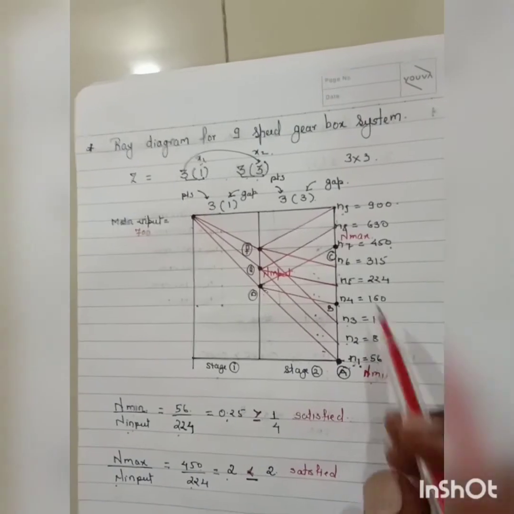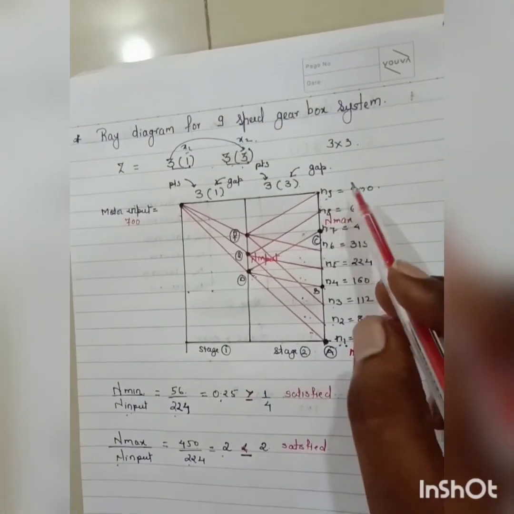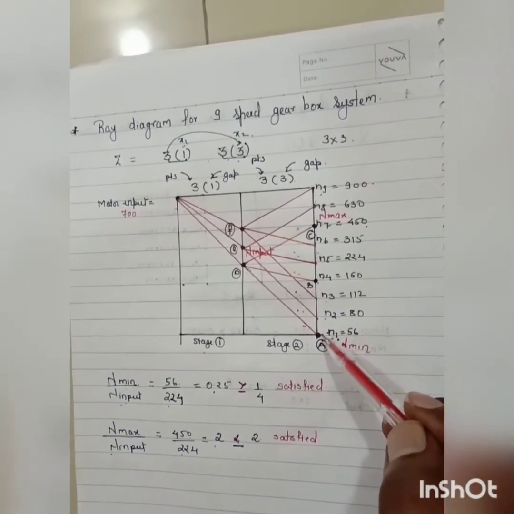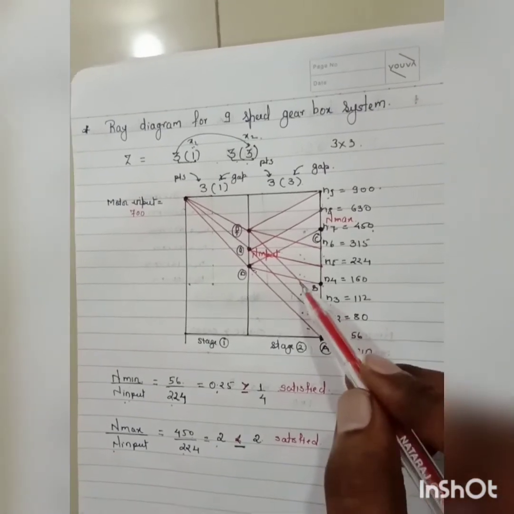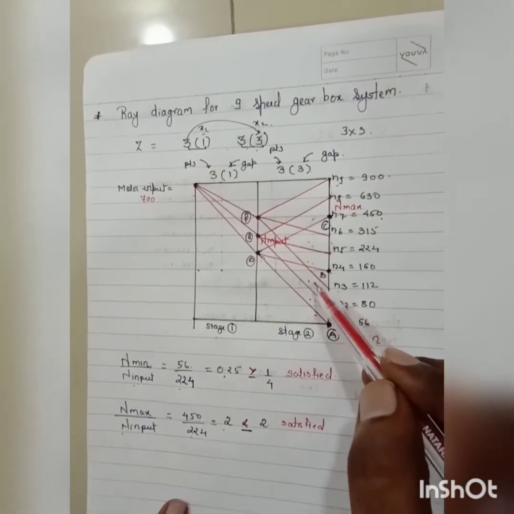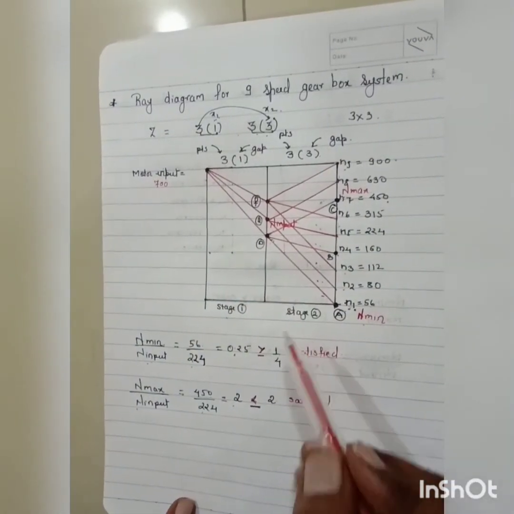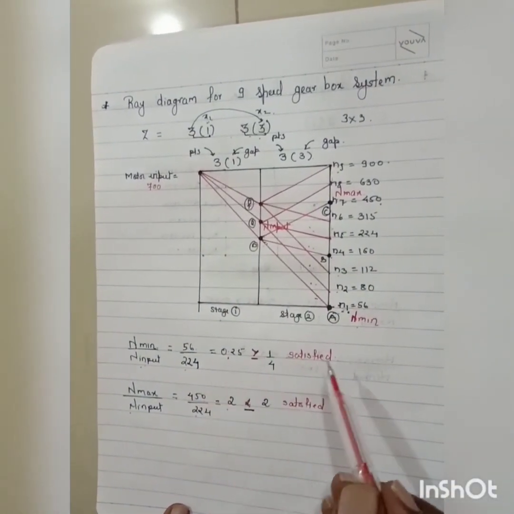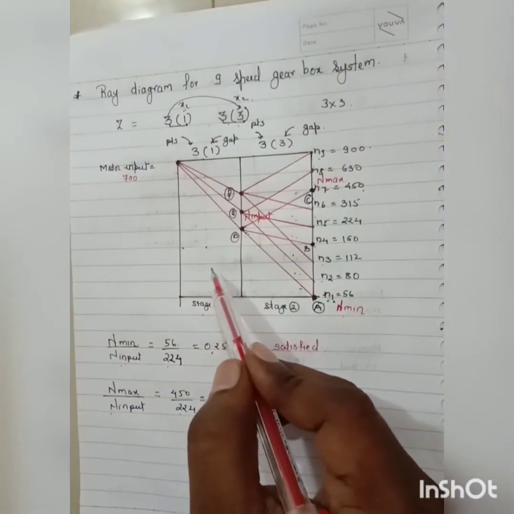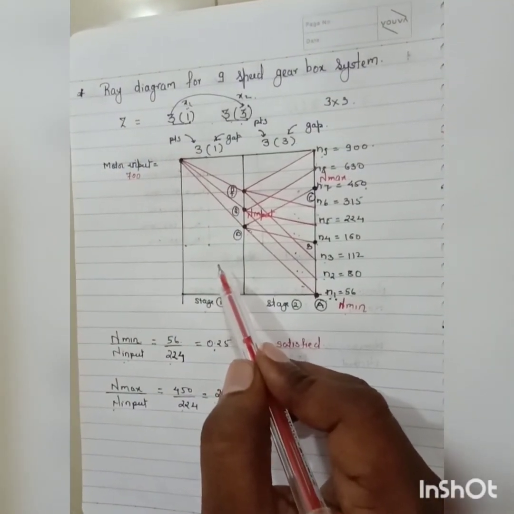Now you can see all the spindle speed points are joined by the lines. So this shows that your ray diagram is correct. For stage 2 we have seen the criteria and it is satisfied. For stage 1 also we can satisfy the criteria.